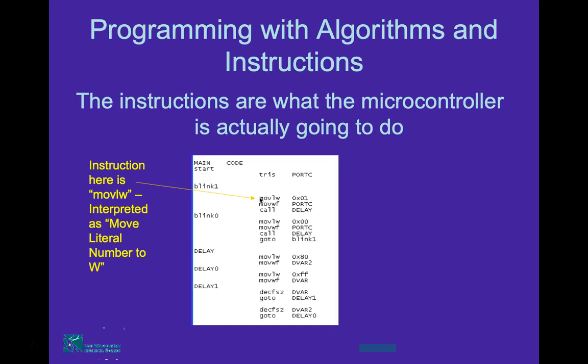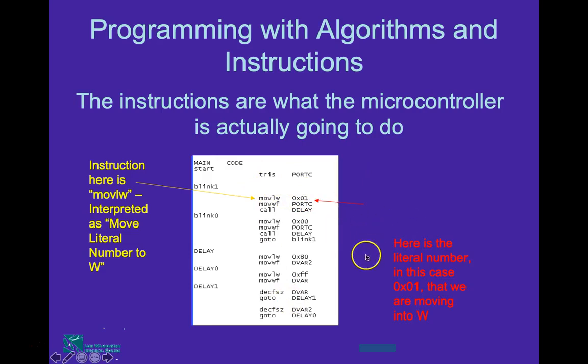movlw. This movlw means move the literal number to W, where W is the working register. So move the literal number to the working register, which means this literal number 0x01, which is in hexadecimal, is to be moved into the working register. We will learn about how the program goes in the coming slides.